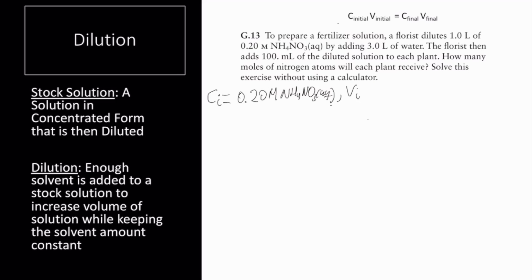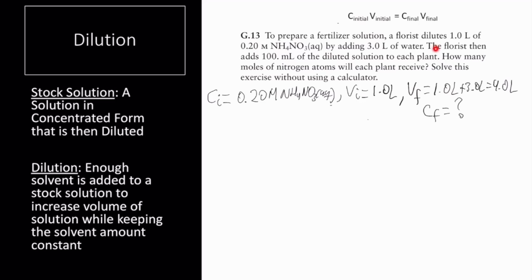The initial volume is 1 liter. The final volume of the diluted solution is 1.0 liters plus 3.0 liters, so 4 liters. And the final concentration of the diluted solution is unknown.